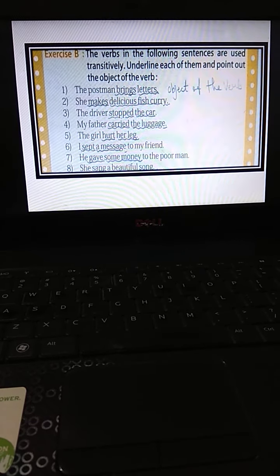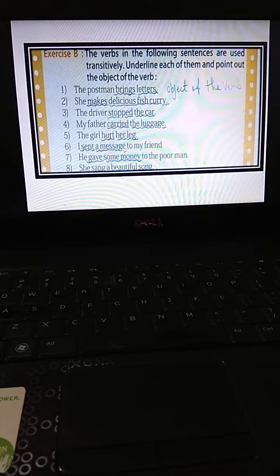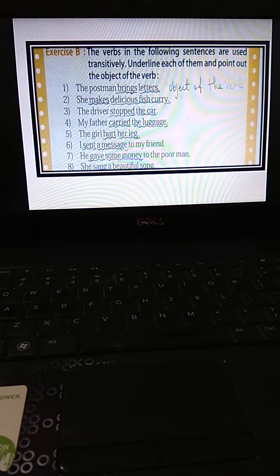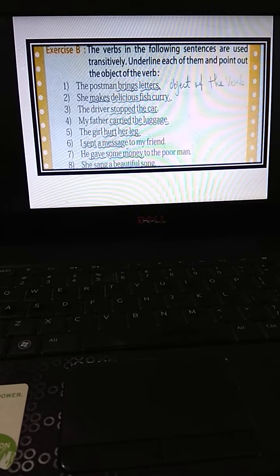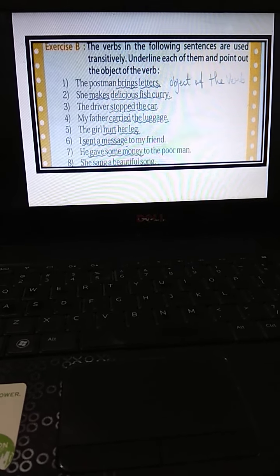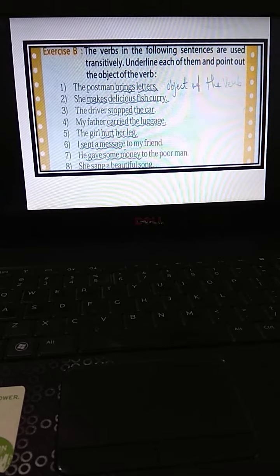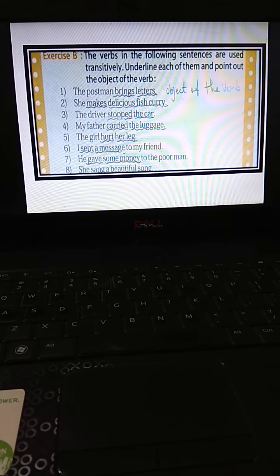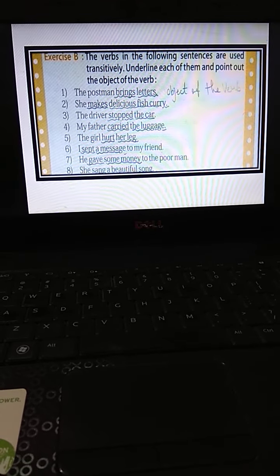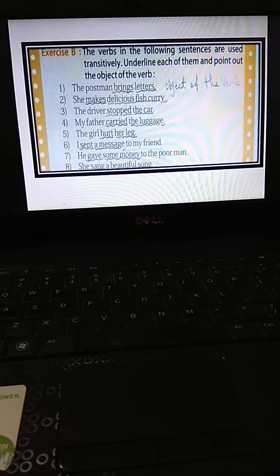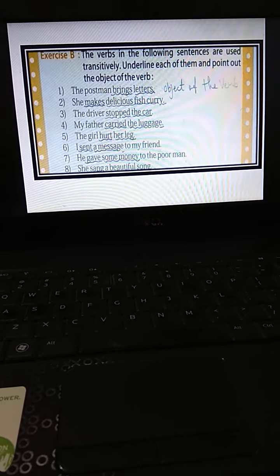6. I sent a message to my friend. Sent, a message, object of the verb. 7. He gave some money to the poor man. Gave, some money, object of the verb. 8. She sang a beautiful song.